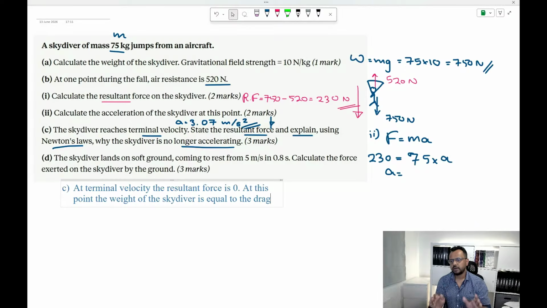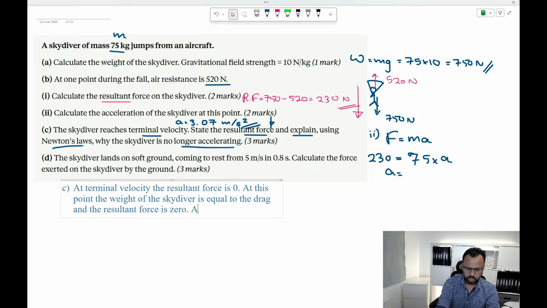Now, there is an upthrust as well, but that is not really significant, so let's not worry about that one. At this point, the weight of the skydiver is equal to the drag, and the resultant force is 0, right?